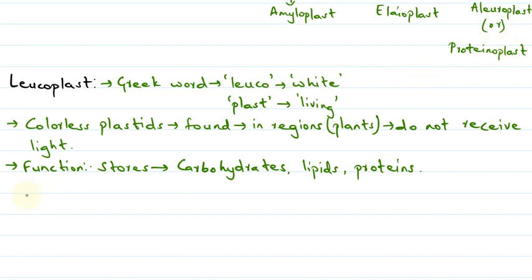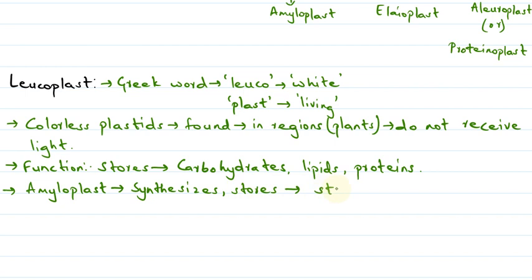Amyloplast is a type of leucoplast which synthesizes and stores starch. Elaioplasts are also a type of leucoplast and they store lipids.